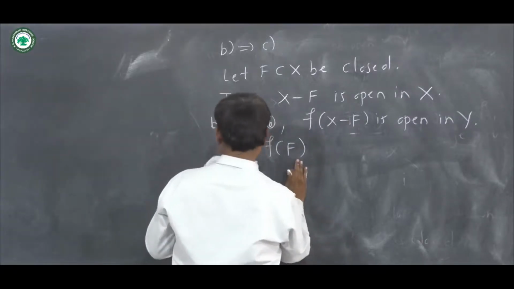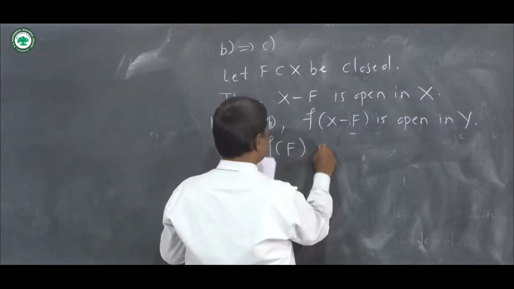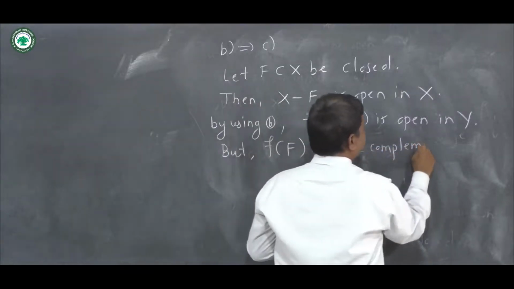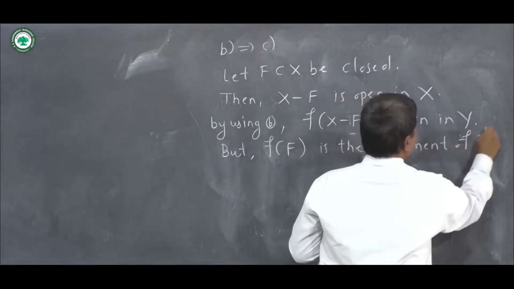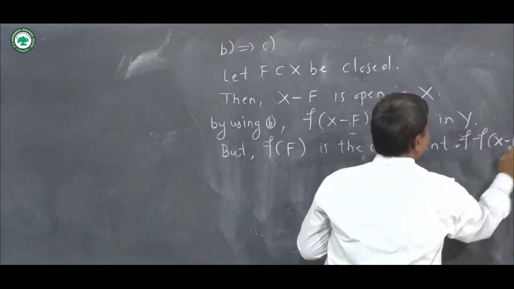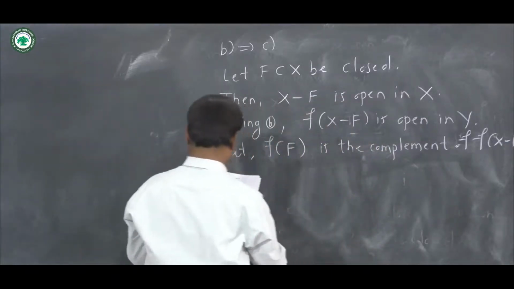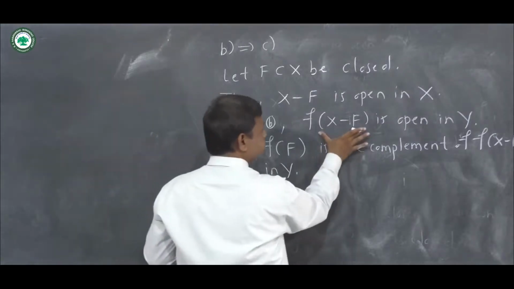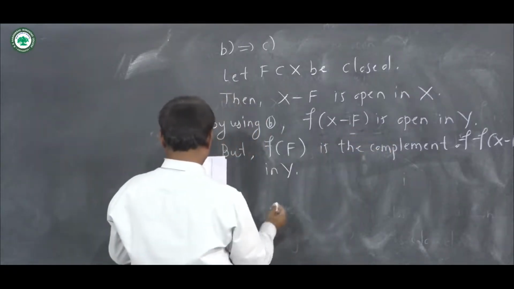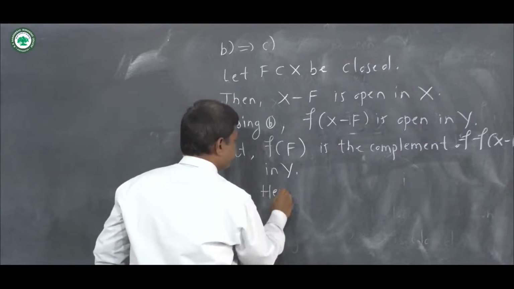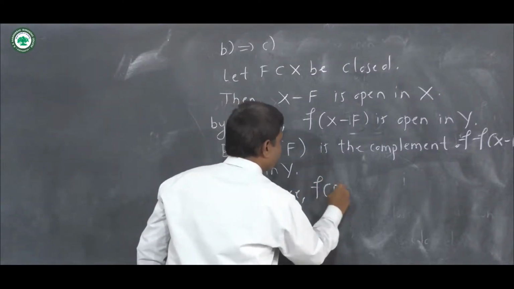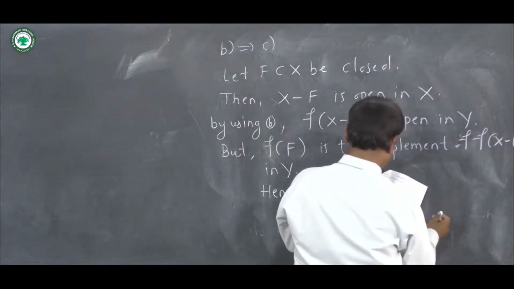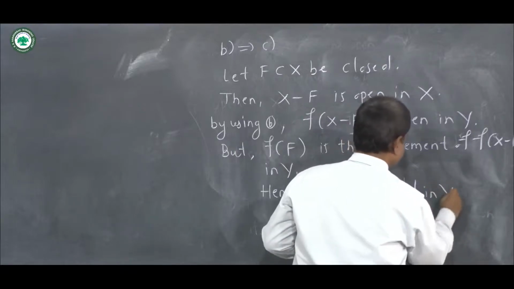So f of F is the complement of this set, that is f of the complement of F in Y. Now this set is open in Y, hence f of F is a closed set in Y.